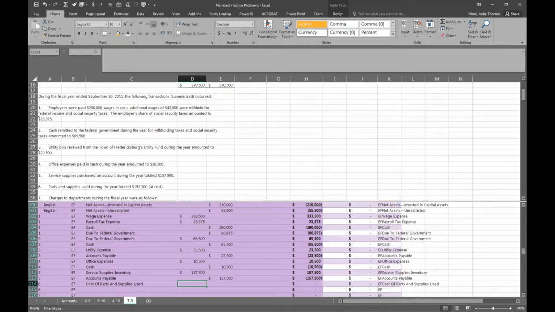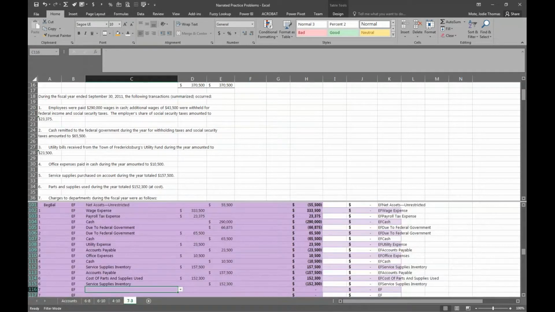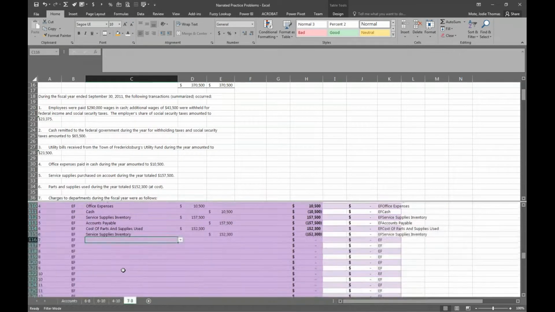So we're going to debit it. We're recording this expense of these items being used, and correspondingly, if you remember from your other accounting classes, we are reducing our inventory by the same amount. Okay. Scroll down a little bit here.